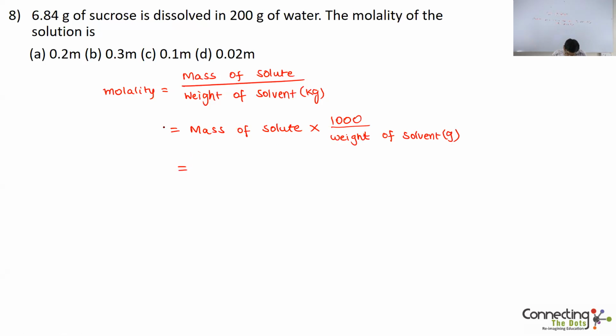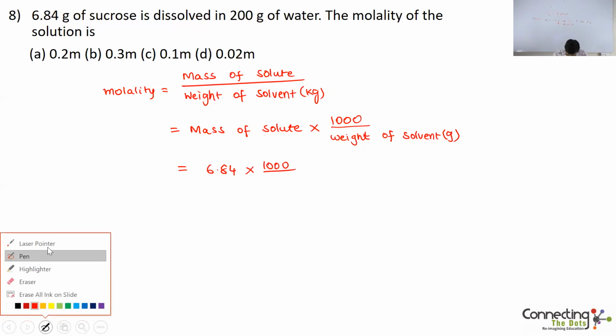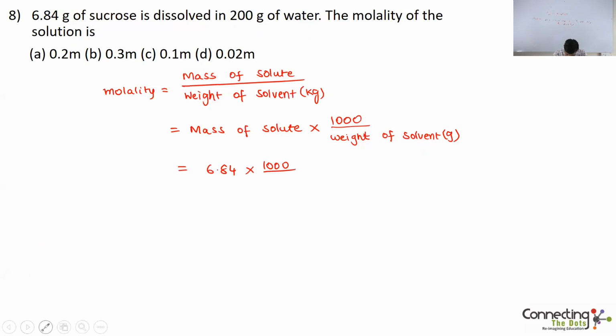So the mass of the solute is given in the question. Mass of solute is nothing but 6.84. Solute is something which is present in lesser amounts. Solvent is something which is present in higher amounts. So sucrose will be the solute and water will be the solvent. So you can just substitute the values. So it will be mass of the solute 6.84 times 1000 by weight of the solvent in grams, which is 200 grams of water. So let us substitute that. This goes off, 2 5s are 10.